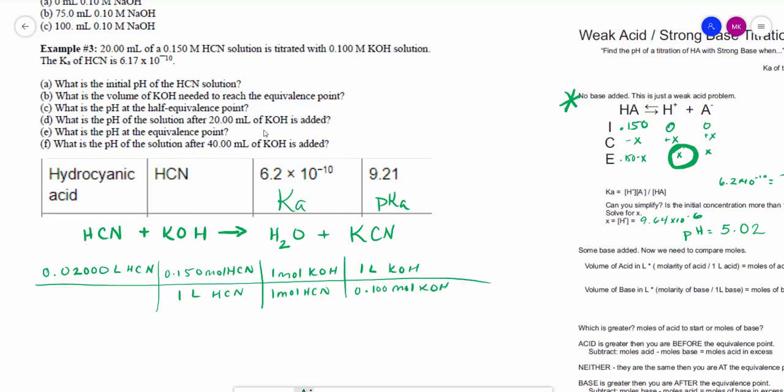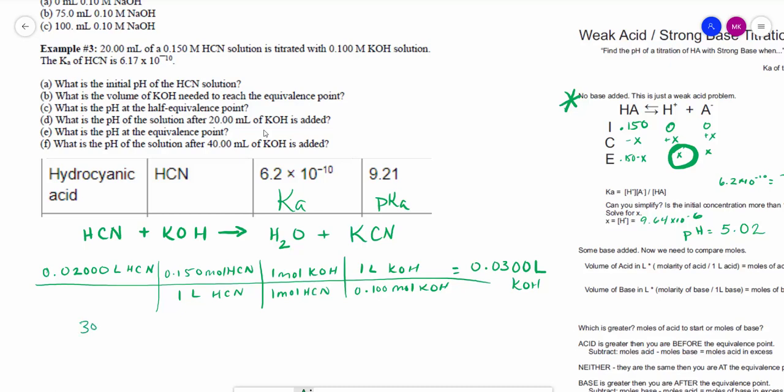So I multiply across the top. 0.02 times 0.15 times 1 times 1 divided by the product of 1 times 1 times 0.1. And I get 0.03, and then I'm going to check my significant figures, 3 significant figures, 0.0300 liters of KOH is needed for the equivalence point.